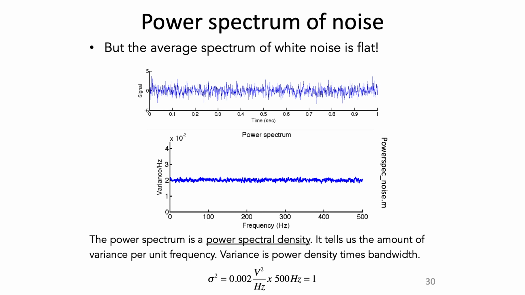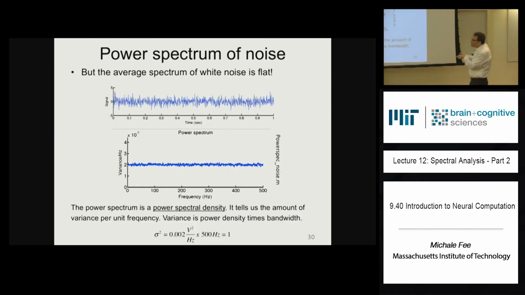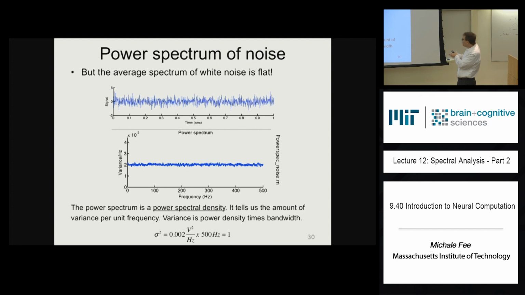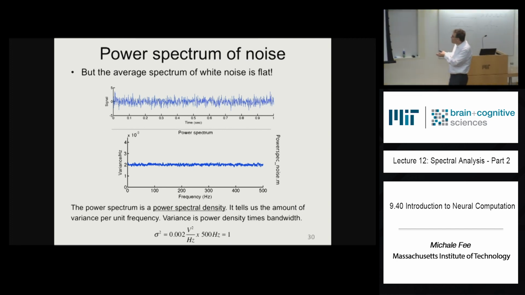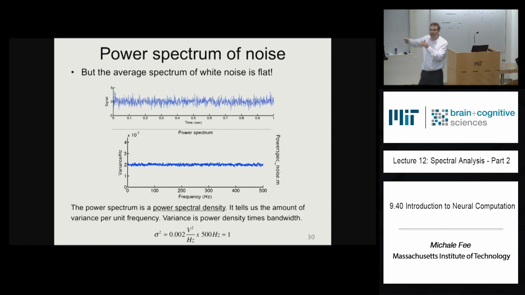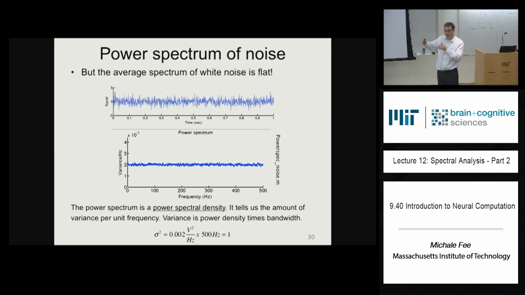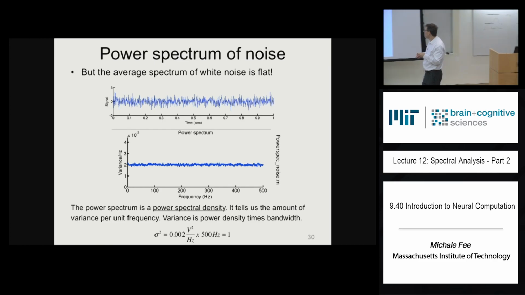There's a certain amount of power at different frequencies in this signal. So there's some power at low frequencies, some power at intermediate frequencies, some power at high frequencies. And for Gaussian noise, that power spectral density is flat. It's constant as a function of frequency, okay?